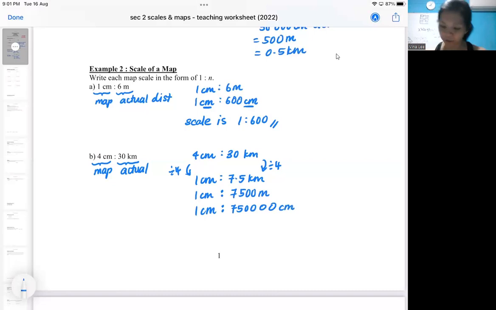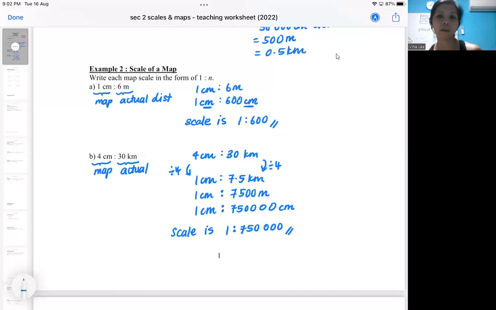I know I'll make careless mistakes. So from here, the scale is 1:750,000. So when you tell people the scale is this, it will be understood that it is 1 centimeter on the map, representing that amount in centimeter on the actual distance.